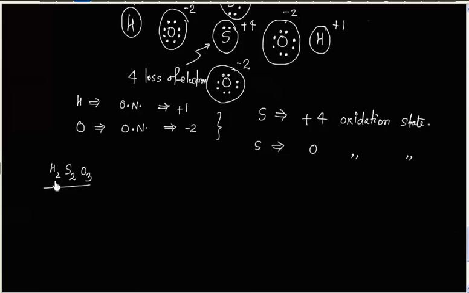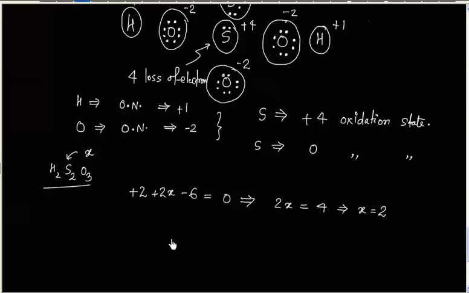For example, hydrogen has +1, so 2 hydrogen gives +2. Let us say sulfur has the oxidation number x, so this is 2x, and oxygen will be -6, and this is equal to 0. So 2x is equal to 4, so x is equal to 2.